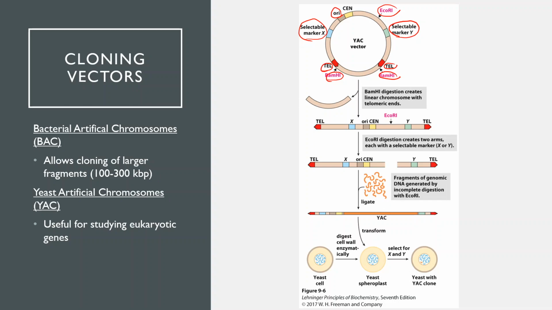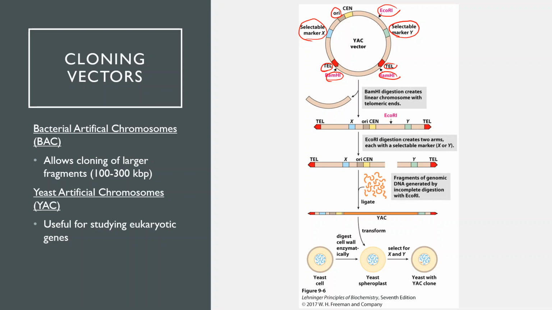The only other thing that a yeast artificial chromosome has are these telomeric segments, and a telomere is a part of a eukaryotic chromosome. So yeast are eukaryotes. They are single celled, but they are eukaryotes. They're actually a type of fungus, and so they are useful if you want to study large eukaryotic DNA segments or genes, because you can clone eukaryotic DNA into bacteria, but the bacterial cell will treat it like bacterial DNA.